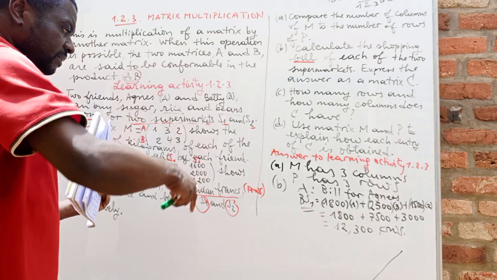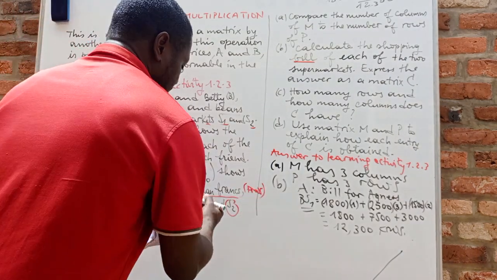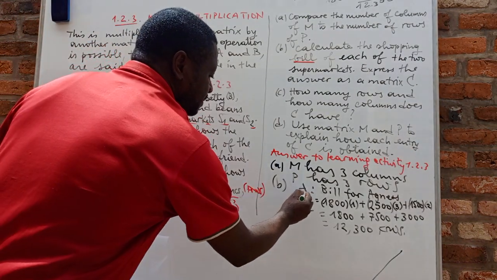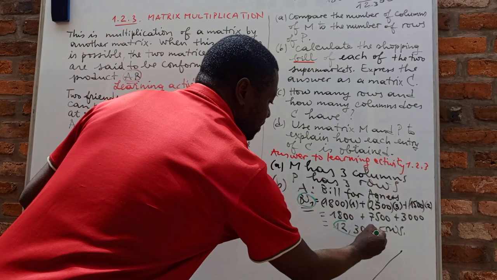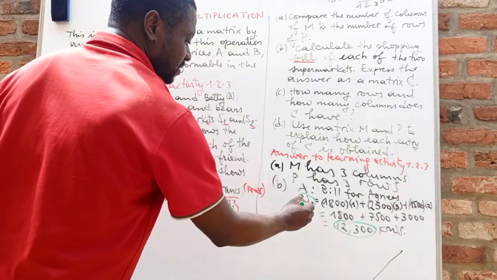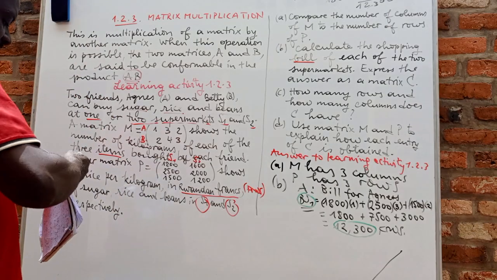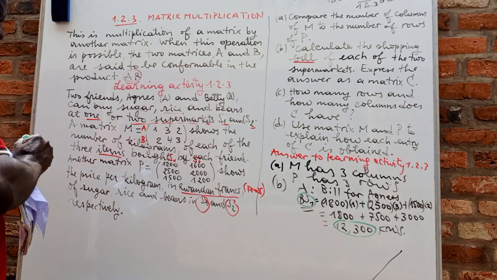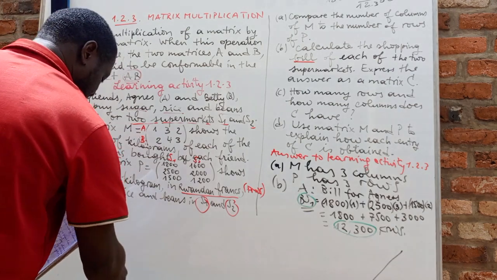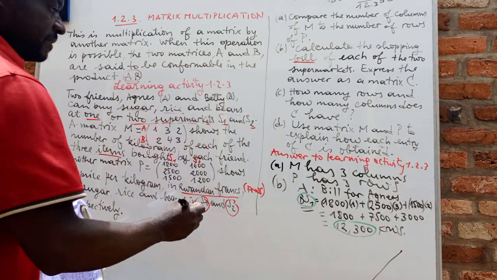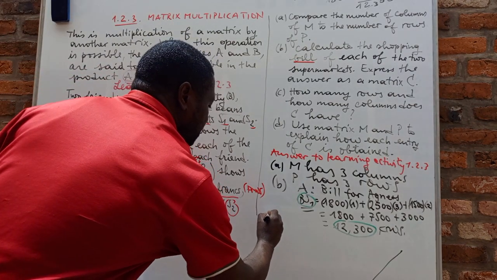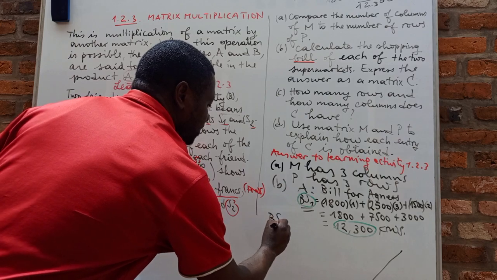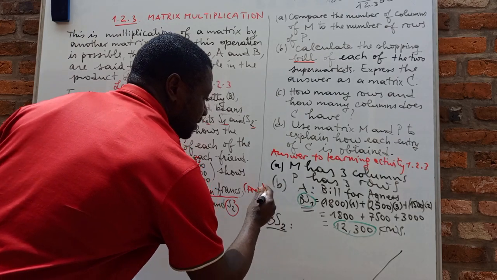Now at the second supermarket, let us calculate the bill of Agnes at the second supermarket.